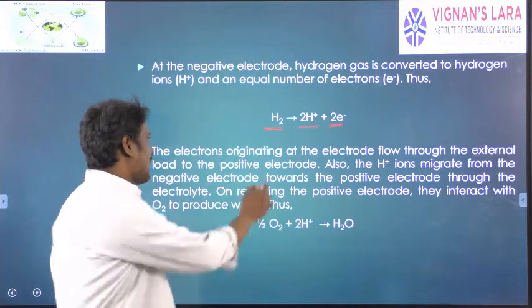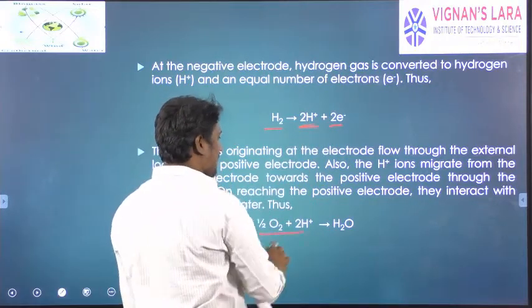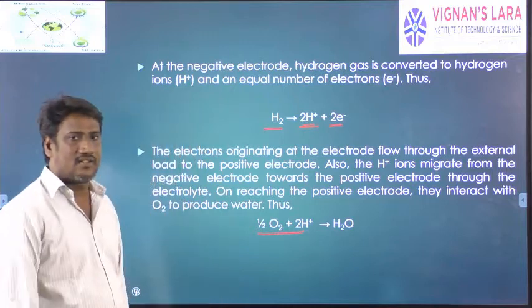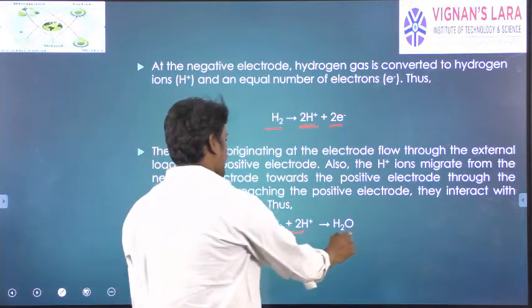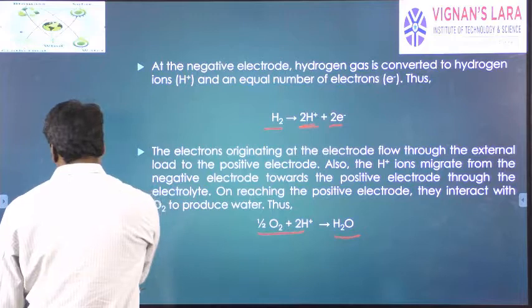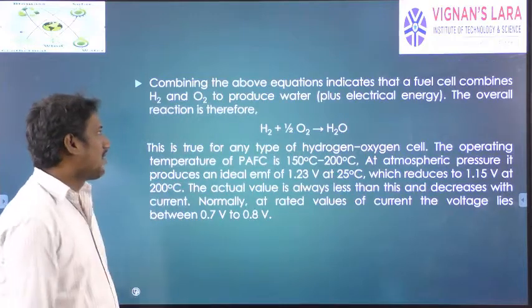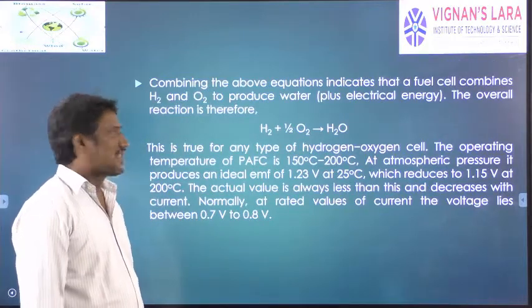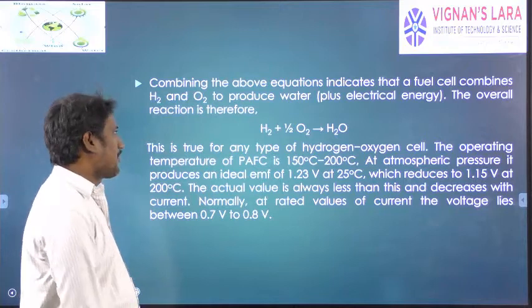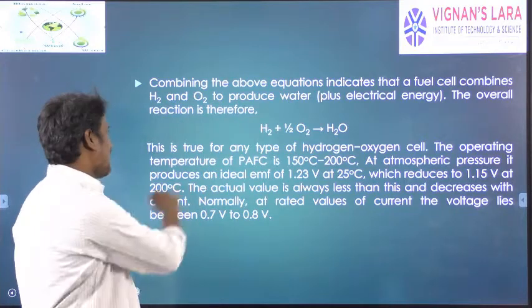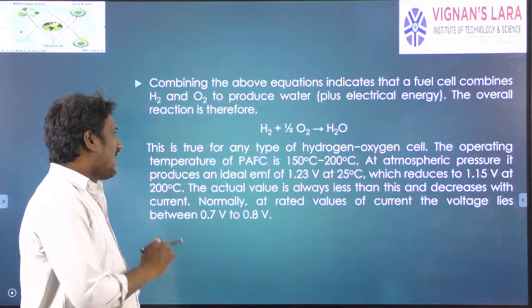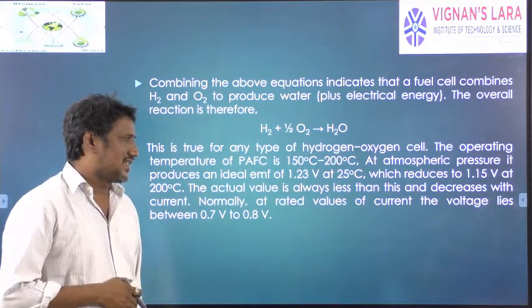This 2H+ flows through the electrolyte and combines with oxygen on the other side, and you will have water like this. Combining the above equations indicates that a fuel cell combines H2 and O2 to produce water. This is true for any type of hydrogen-oxygen cell.